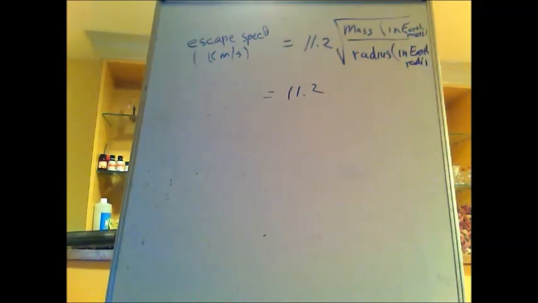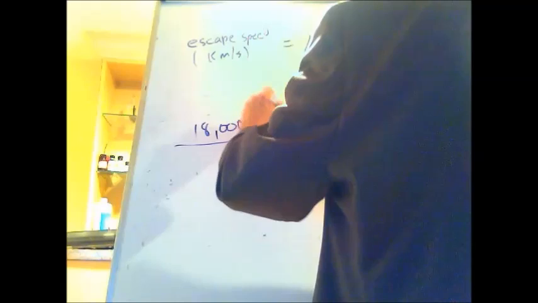So 11.2 kilometers per second is the speed that something needs to have on the Earth in order to pull away from Earth's gravitational field. That speed is about 18,000 miles per hour.